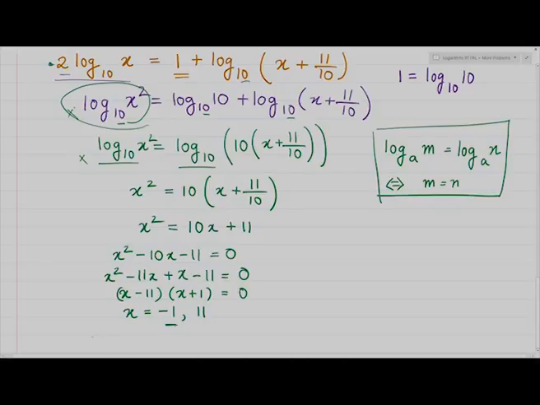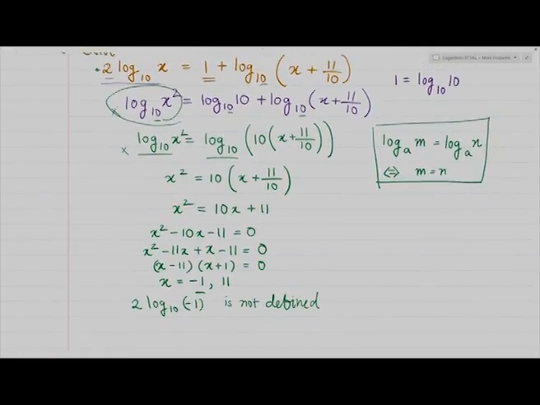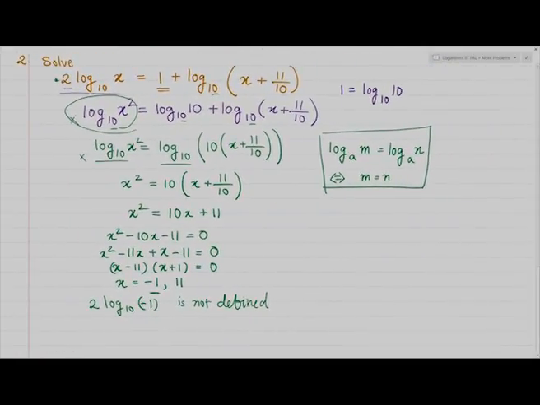It is 2 times log to the base 10 of minus 1. This particular log is not defined. By this time you should be very clear that any negative number we are not defining. Slightly zoom out just to make sure that everything is visible.